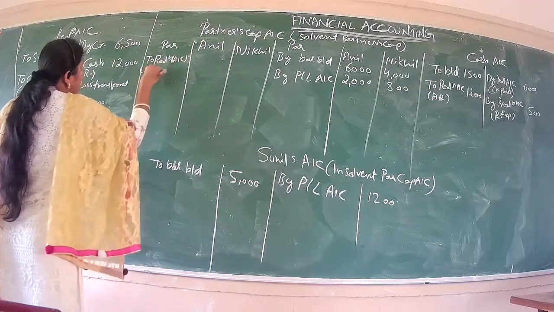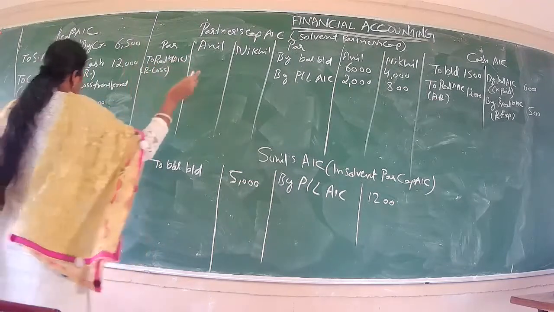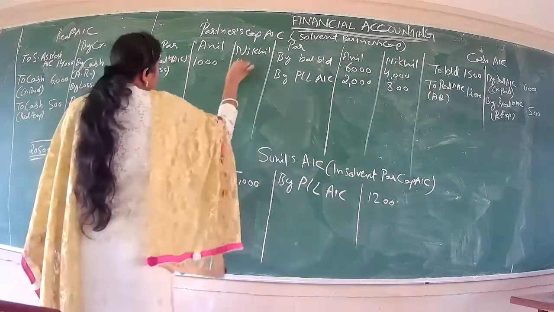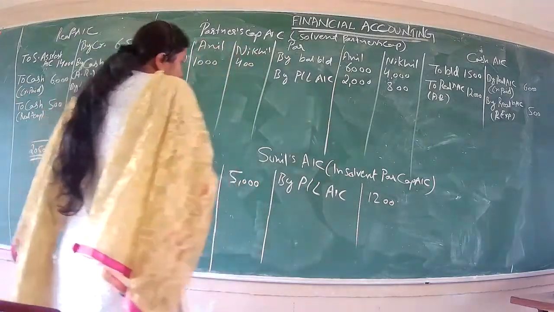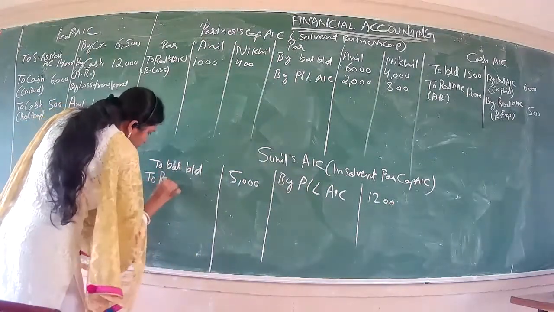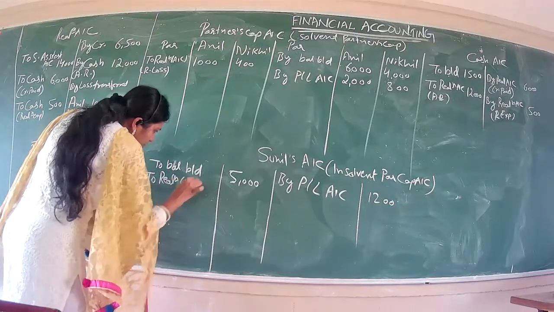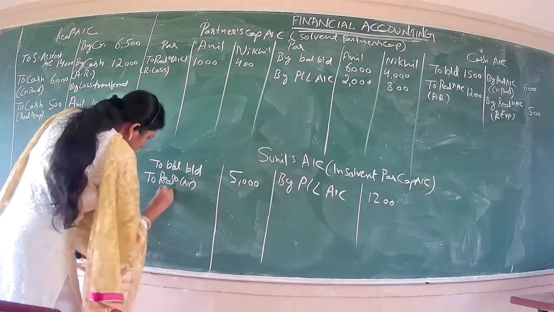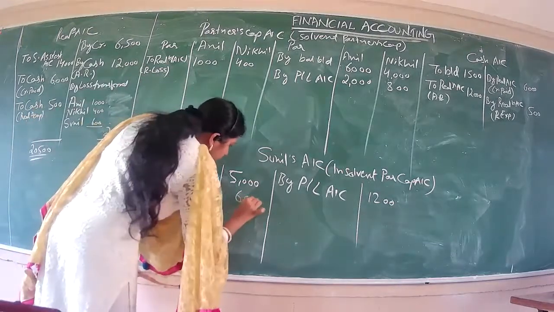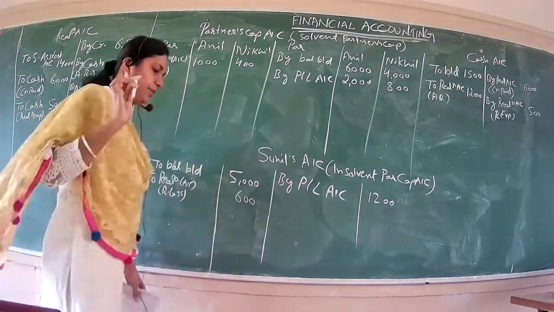That is your realization loss. How much for Anil? For Anil 1000, and how much for Nikhil? For Nikhil 400. And in a similar way for Sunil also we will do to realization account. That is realization loss. And how much is his share? His share is 600.